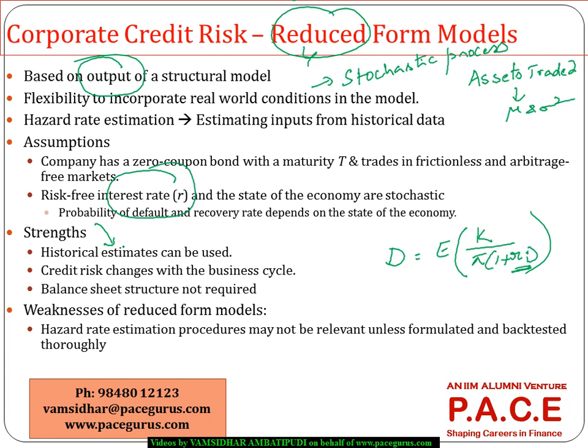And when I look at the strength of this model, typically I can use the historical estimates, the credit risk changes with the business cycle, and there is not too much dependency on the balance sheet of the particular company.